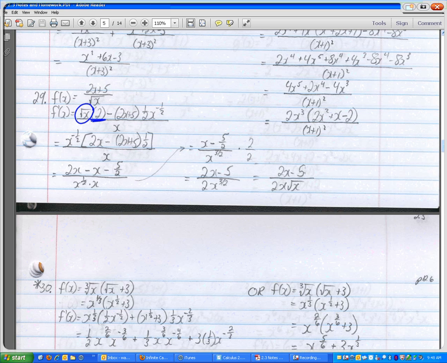Even though on paper I've never written down that the square root of x is x to the 1/2, that's the way I have to think of it when I take its derivative, isn't it? That way I can do the power rule to it. So the derivative of x to the 1/2 is 1/2 x, subtract 1 from the exponent, negative 1/2. So that's what I got there.